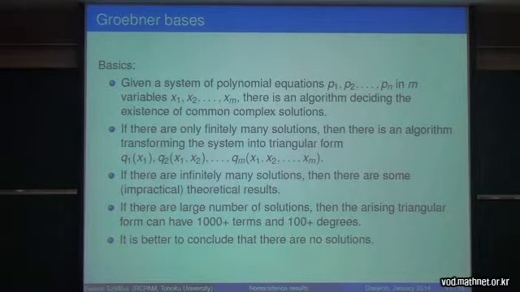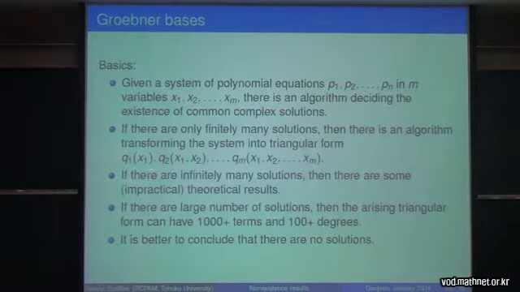Okay? Now, even more, if the polynomial system has just finitely many solutions only, then there are efficient ways to actually extract these solutions by obtaining a so-called triangular form, which is, if you have m variables, just m polynomials, the ith one depending only on the first i variables.